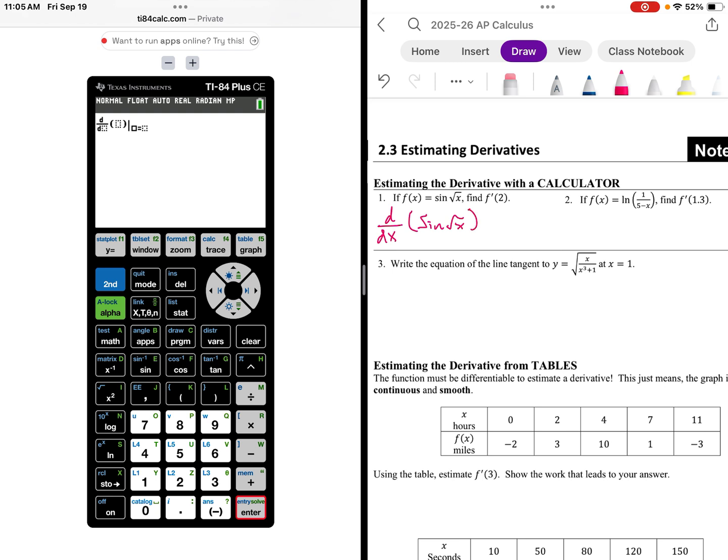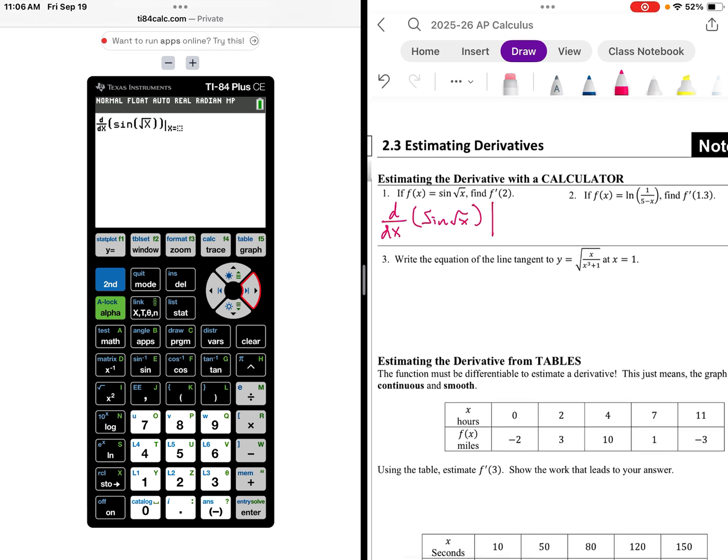So as I type in the calculator, I'm typing sine, square root of x. I do need to close that square root, and then close the parenthesis to let the calculator know, hey, this is the entire function I want you to take the derivative of. And then the last thing we're going to do is arrow over and tell it to evaluate for when x is equal to 2.